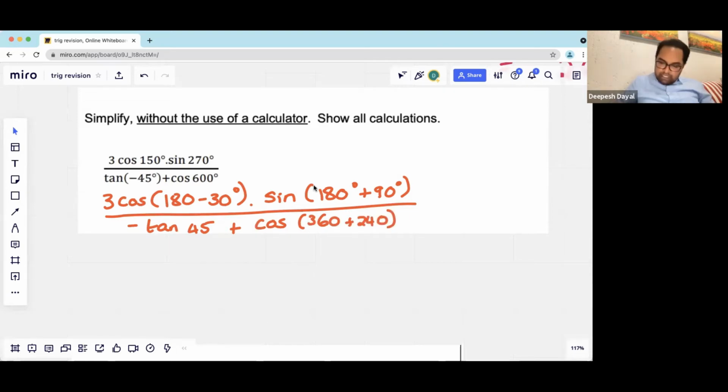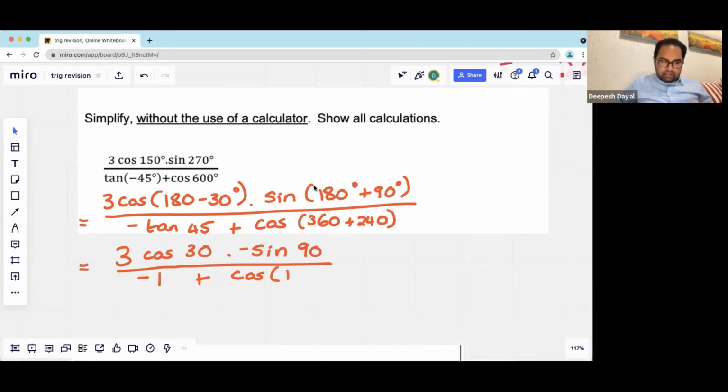Is this looking okay so far? Please share with me a thumbs up or thumbs down. Okay, great. Thank you, Nordine. Thank you, others as well. Minus 1 plus, and then this is going to be cos.